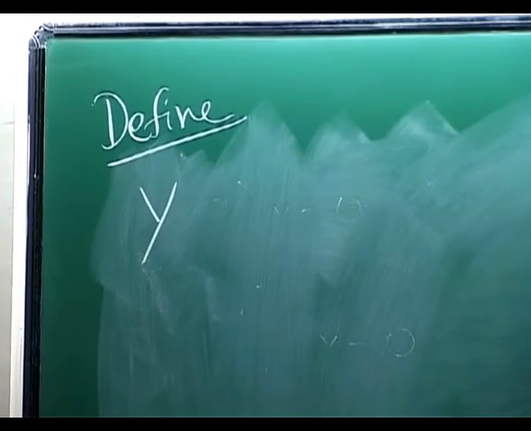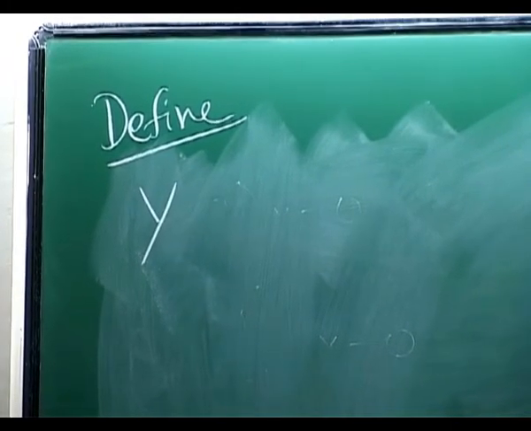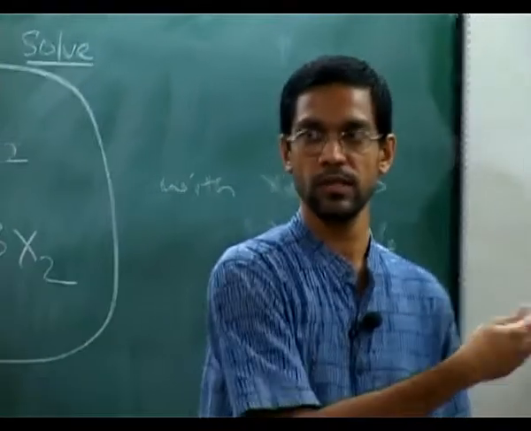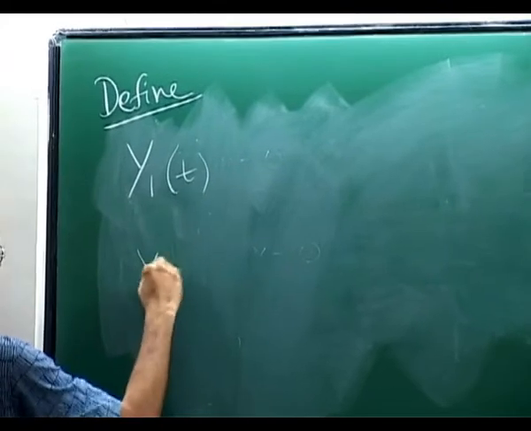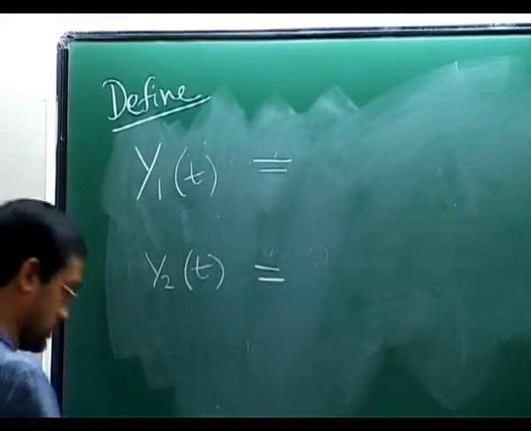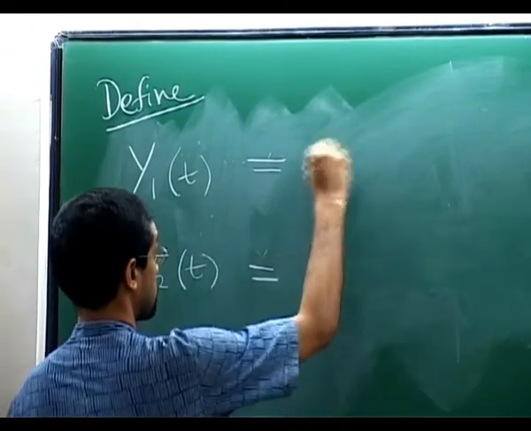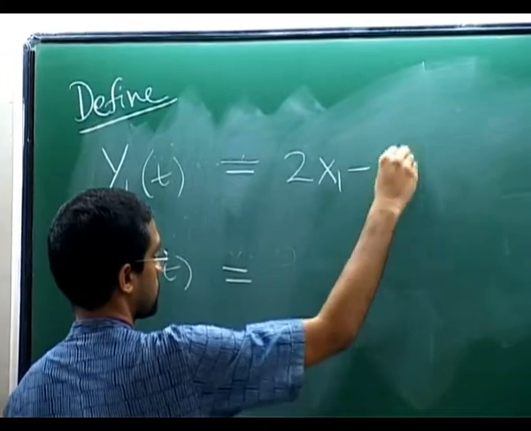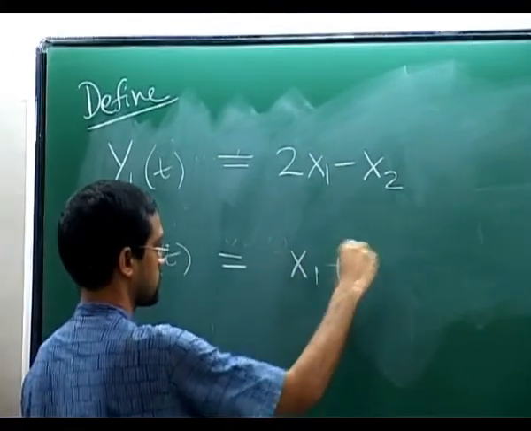Let's change variables. I had my two unknown functions x1 of t and x2 of t. Instead, we will define two other functions called y1 of t and y2 of t. So let's define these two functions. y1 is 2x1 minus x2, and let's say y2 is x1 plus x2.